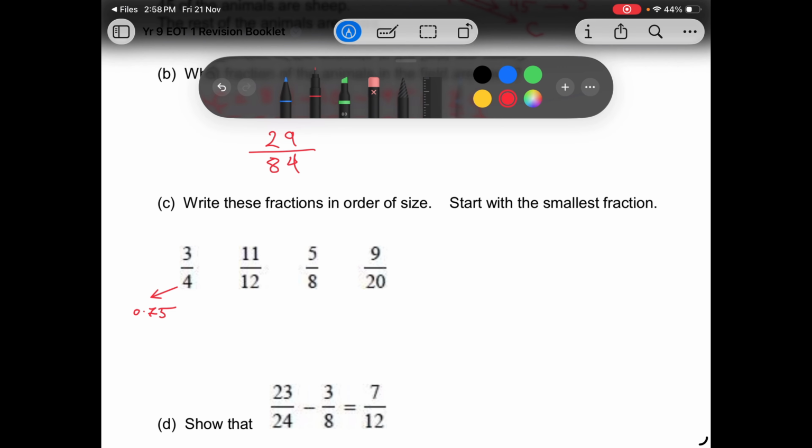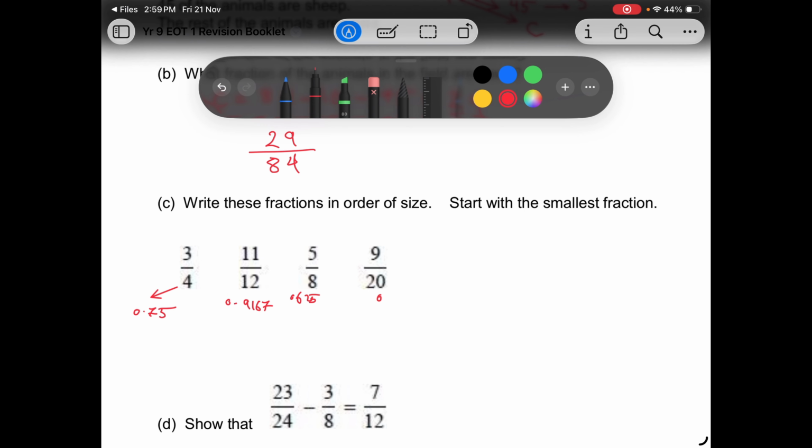is 0.9167. So this is 0.9167, and here we have 5 over 8. 5 over 8 is 0.625, I think. 0.625, and 9 over 20 is 0.45.